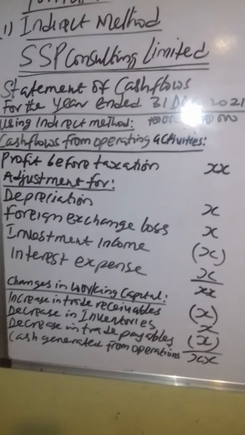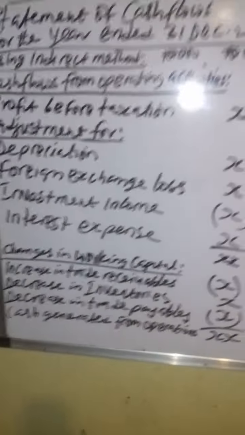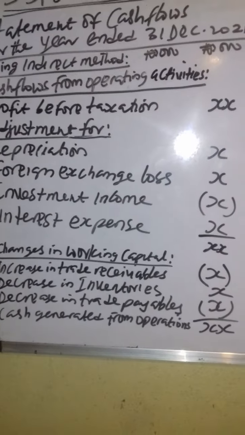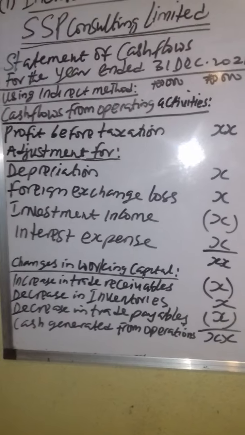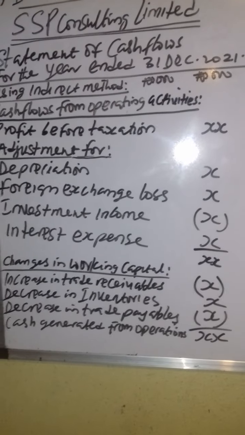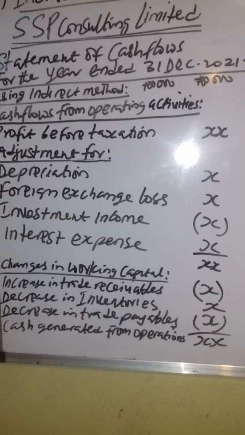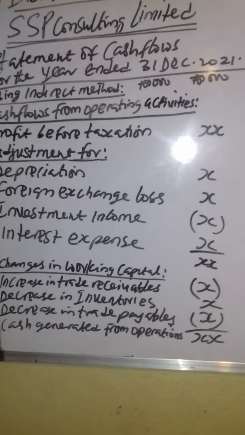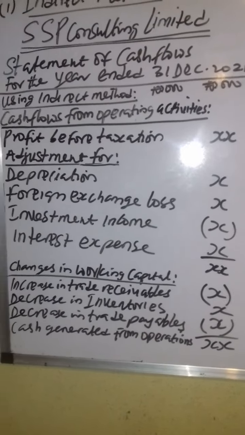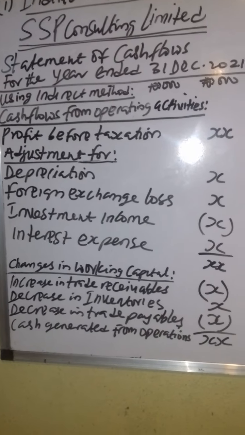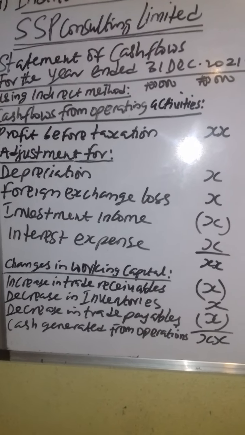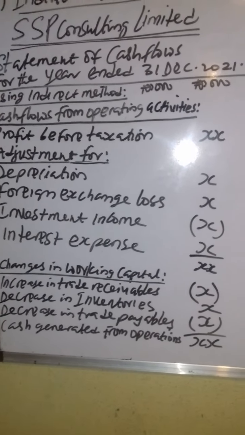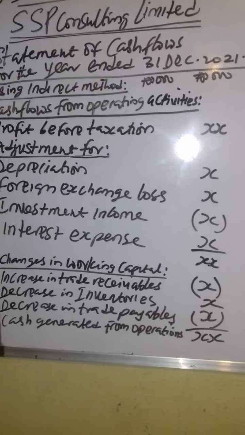What I tell my candidates is, anytime you come to the working capital sheet, take note of two things. Where there is a current asset increase, it's an outflow. And where there is a current asset decrease, it's an inflow. But if there is an increase in current liability, it is an inflow. A decrease in current liability is an outflow.